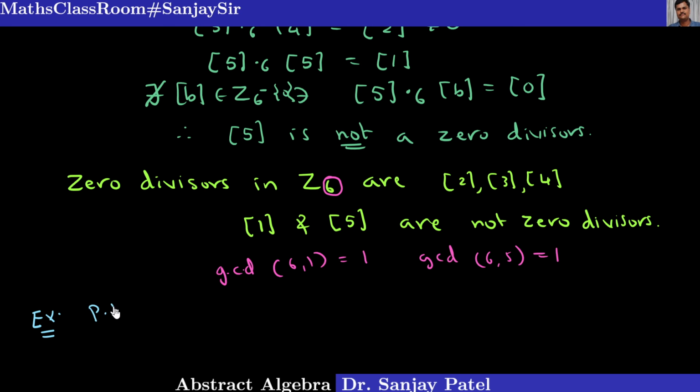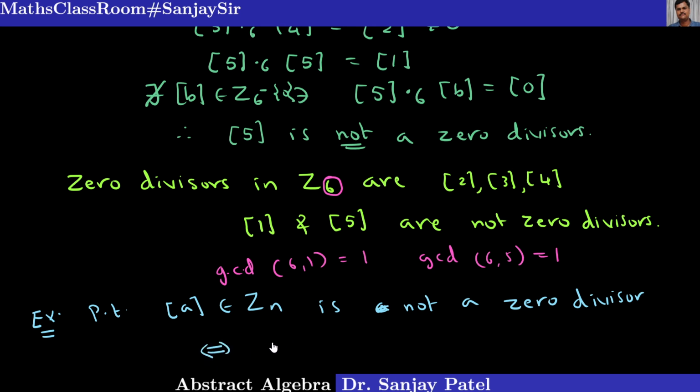Prove that an element class A belonging to Zn is not a zero divisor if and only if the GCD of A and n is equal to 1.